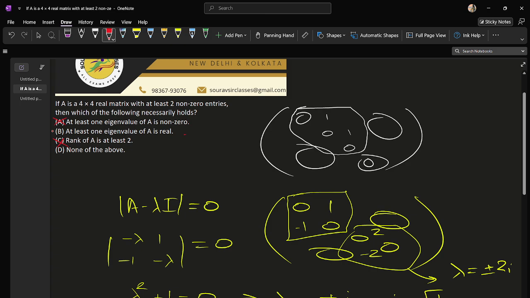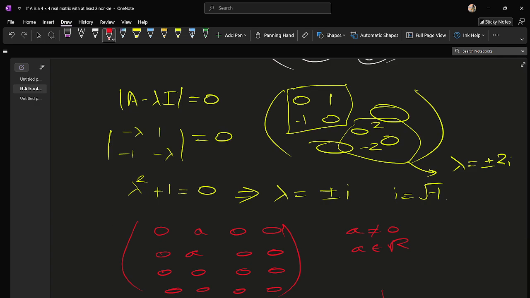And let us move to our option B. They are telling us that at least one eigenvalue of A is real. Okay, they told us a real matrix with at least two non-zero entries. Okay, so if we take this case, that means 0 minus 1 0 and the rest of the terms are 0 0, then we got two real eigenvalues.